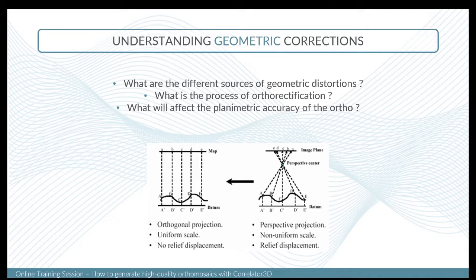But the elevation model in the case of an ortho is very important and can also affect the planimetric accuracy. So if you have elevation error in your DEM, this is going to translate into a planimetric error into your ortho. So the elevation model is very important in the orthorectification. So I'm going to talk a little bit more about that in a few minutes.